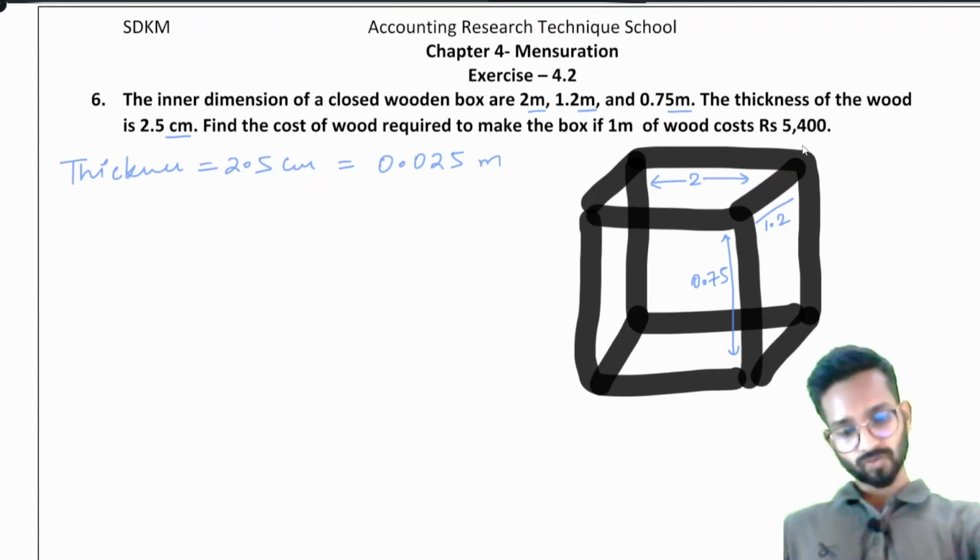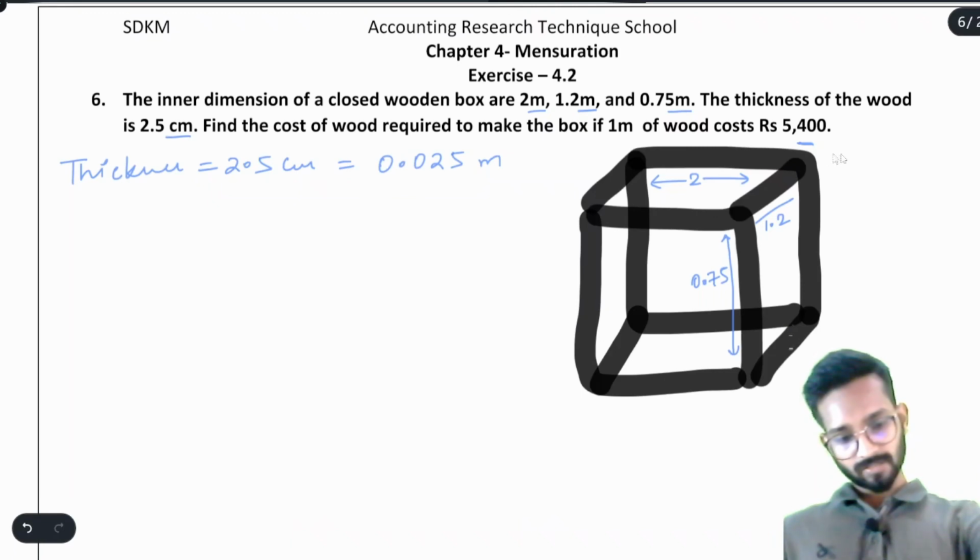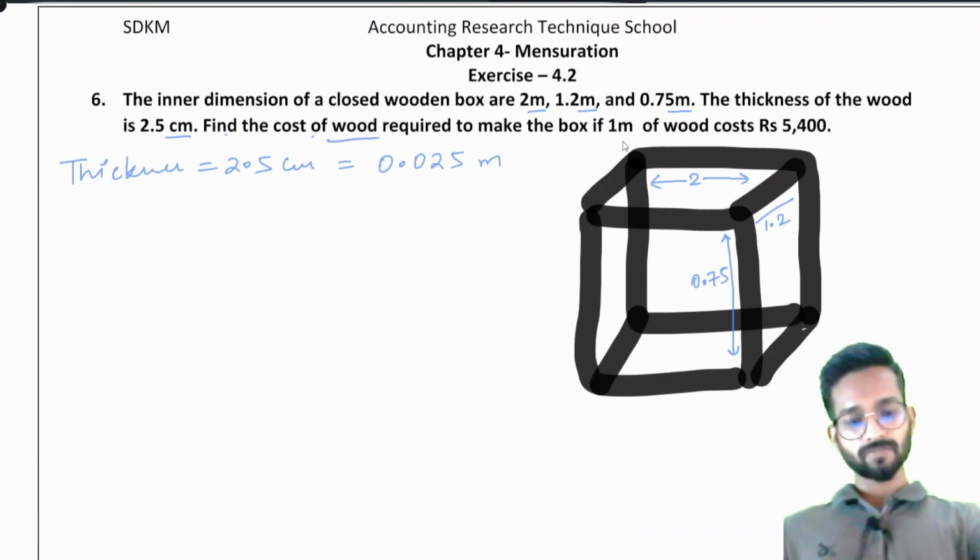So this thickness is 0.025 meters. Simple. Understood? Now, what they have said: find the cost of wood required to make the box if 1 meter cube of wood costs 5,400. So how will we find the cost?